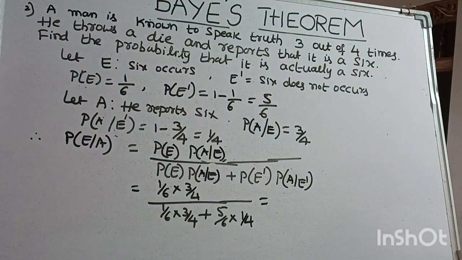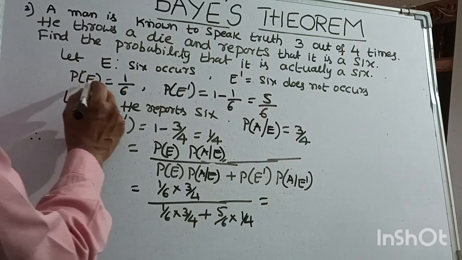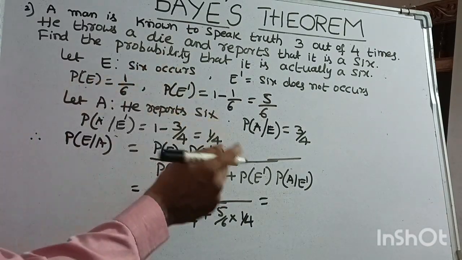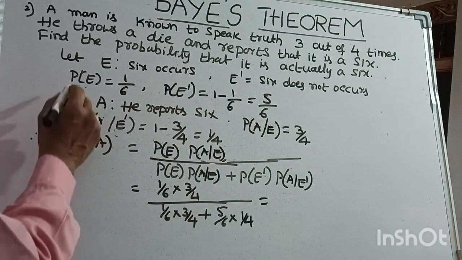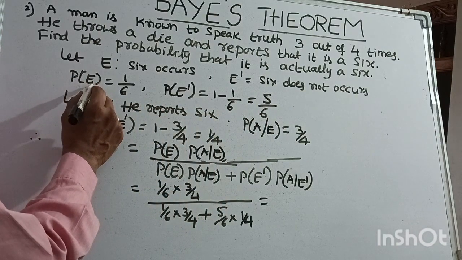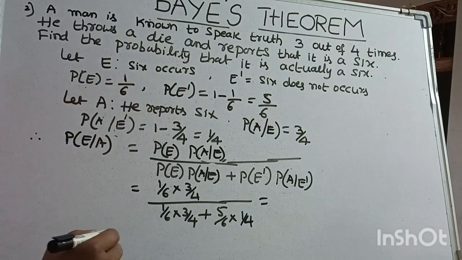E and E dash, or E complement, are two events. Probability of event E, that is, probability that 6 occurs when a die is thrown, is 1 by 6, because there are 6 numbers in a die.